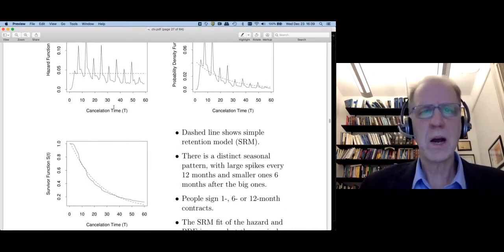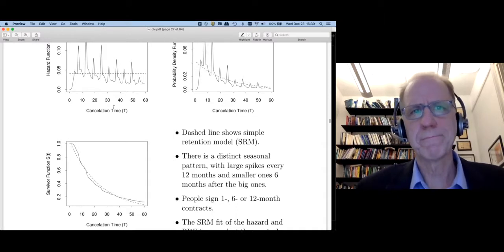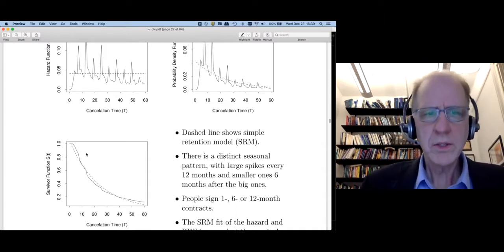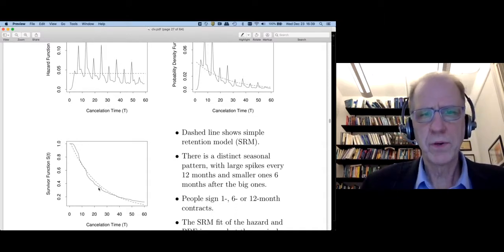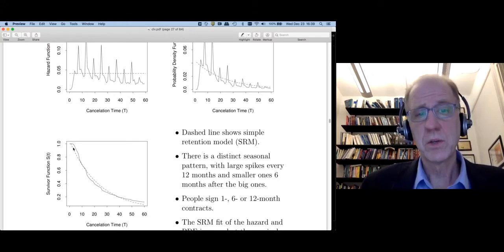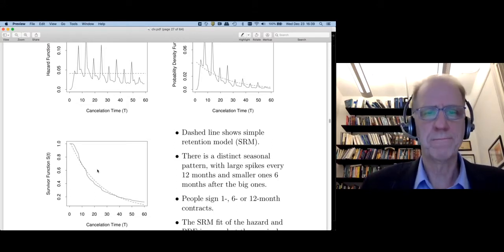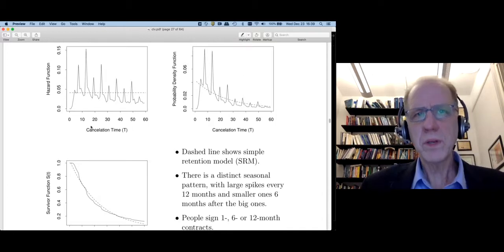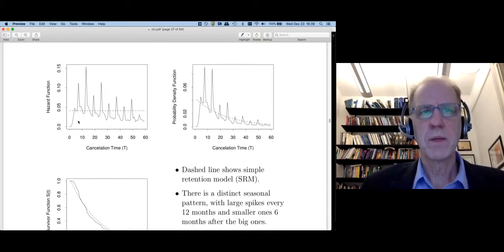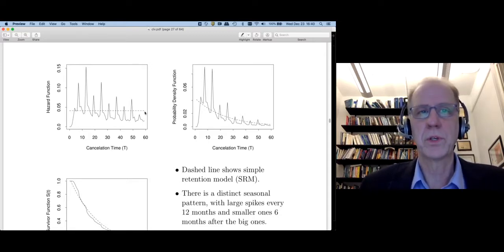Now, before we account for that, I want to make a really important point. So here's the survivor function versus the survival function using the simple retention model. Now, when we look at the hazard function, this hazard function looks absolutely nothing like the simple retention hazard function.